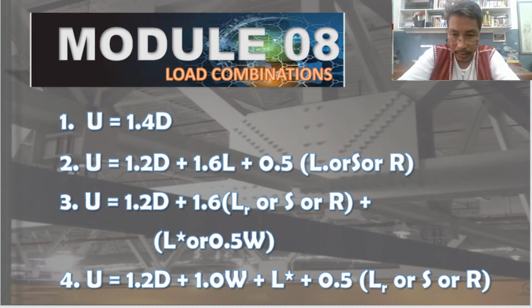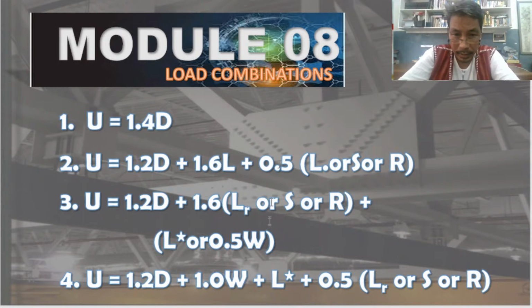The asterisk means, let us explain, that the load factor in combination equation number 3, equation number 4, and equation number 5, the factor of the live load is 1.